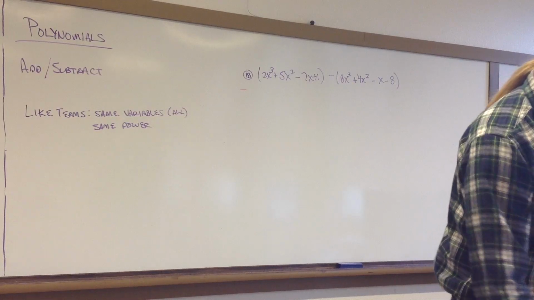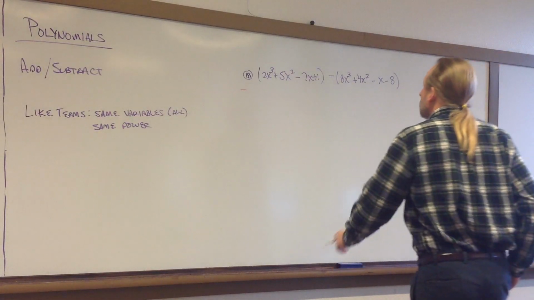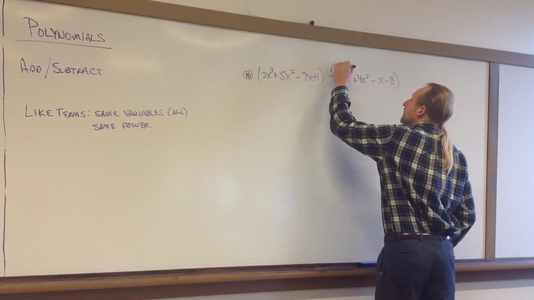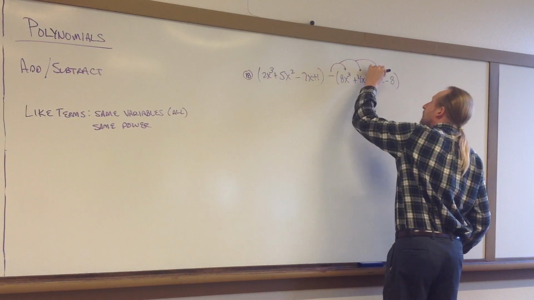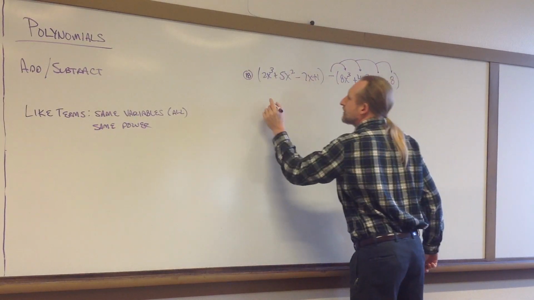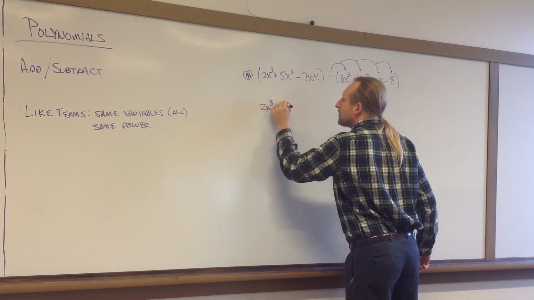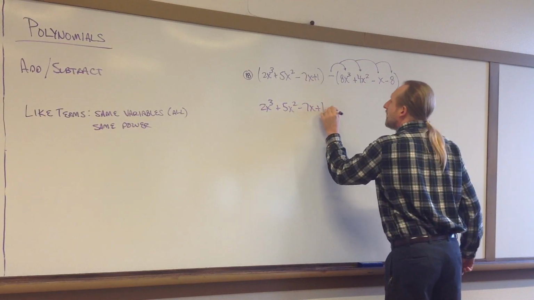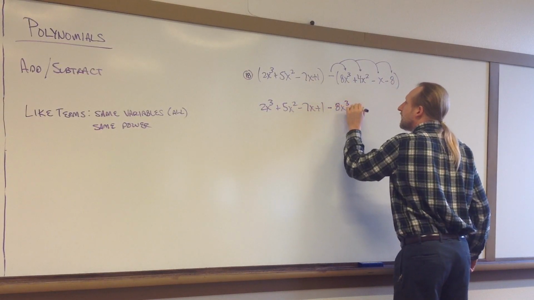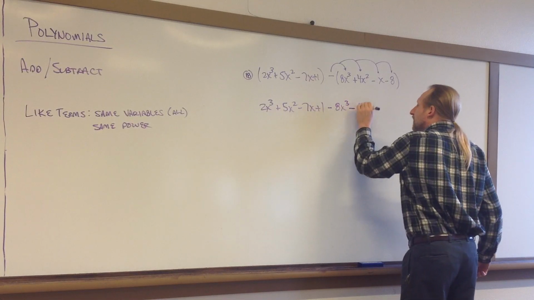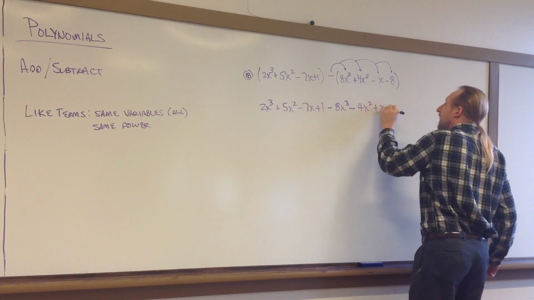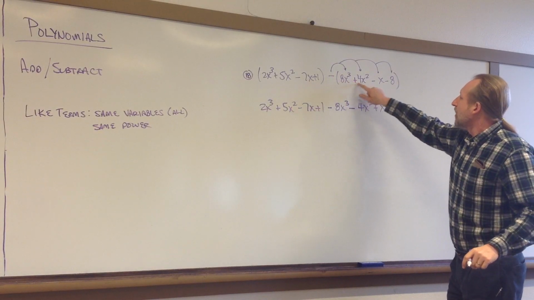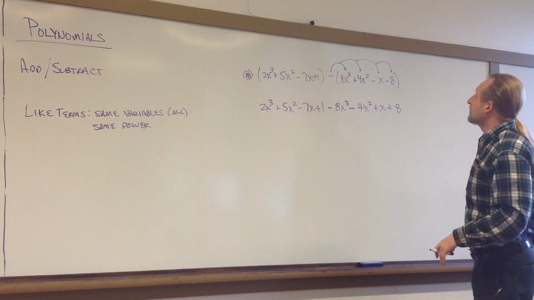And this is a subtraction problem, and so that minus sign right here needs to be distributed 4 places. This will stay the same. 2x cubed plus 5x squared minus 7x plus 1. And then we want to subtract 8x to the third, subtract 4x squared, add x, and add 8. Right? Because this is going to change all of these signs to the opposite sign.